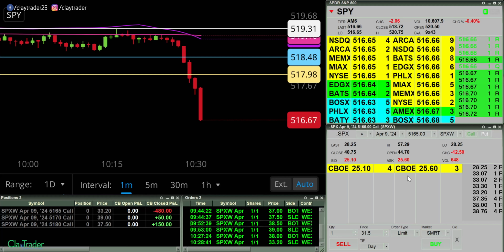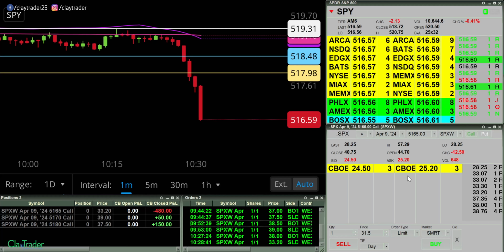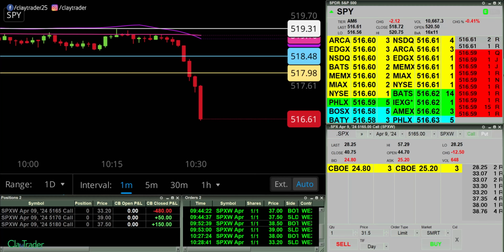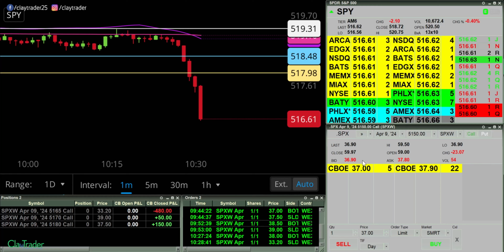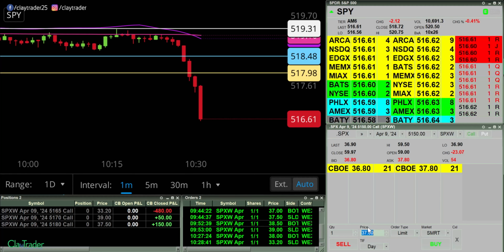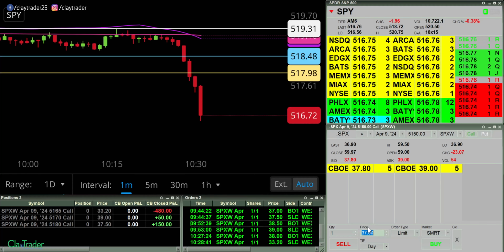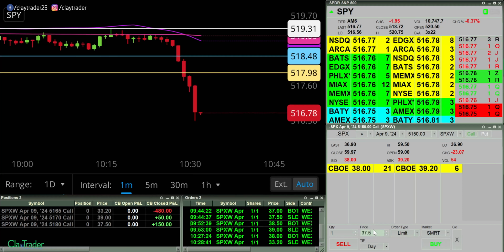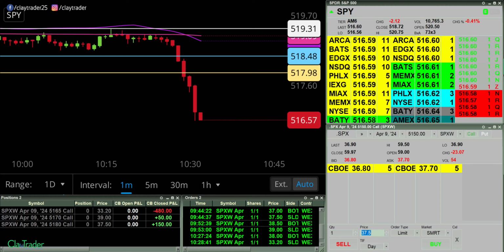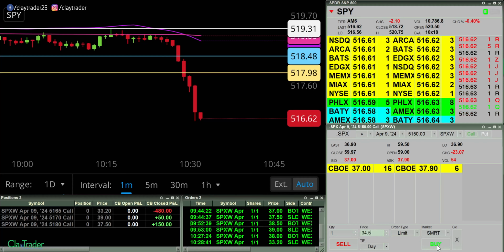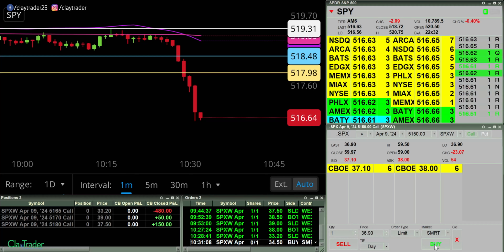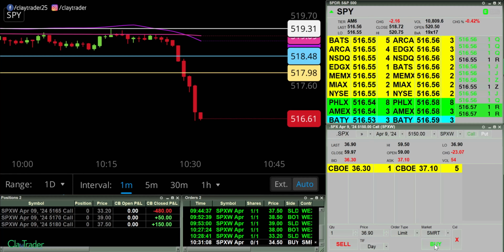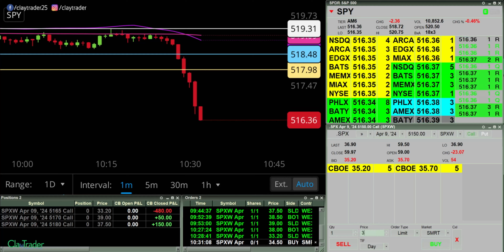Look at this thing go. So I changed strike prices there because this thing is getting so beat up. Let's do this. Let's go to 34.50. Let's see if this thing wants to bleed just a little bit more.